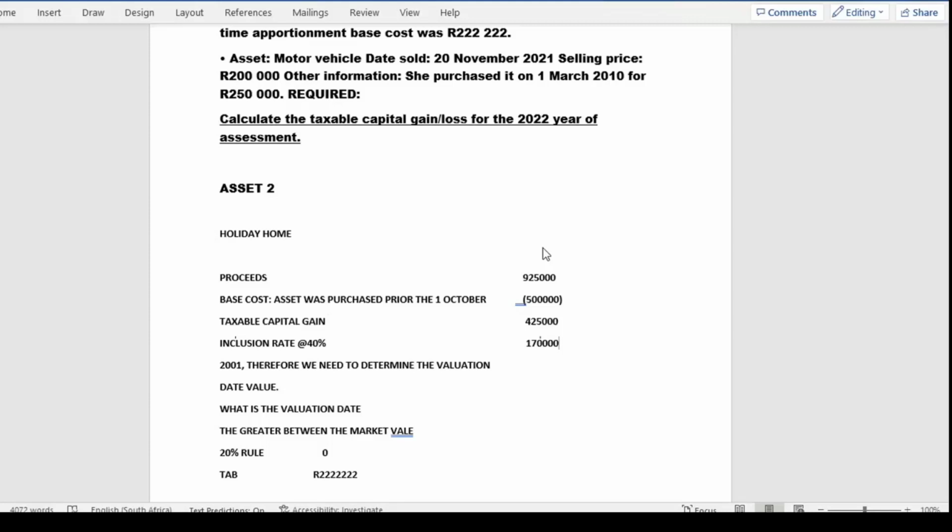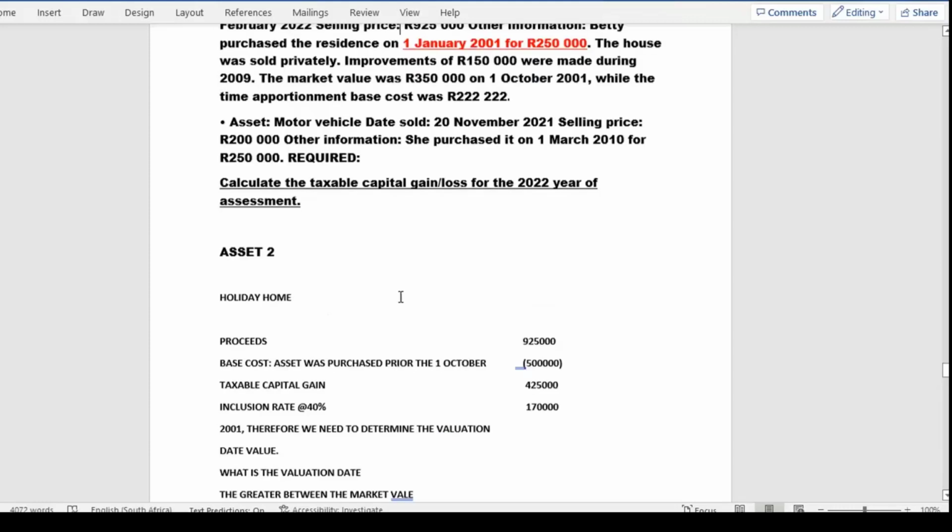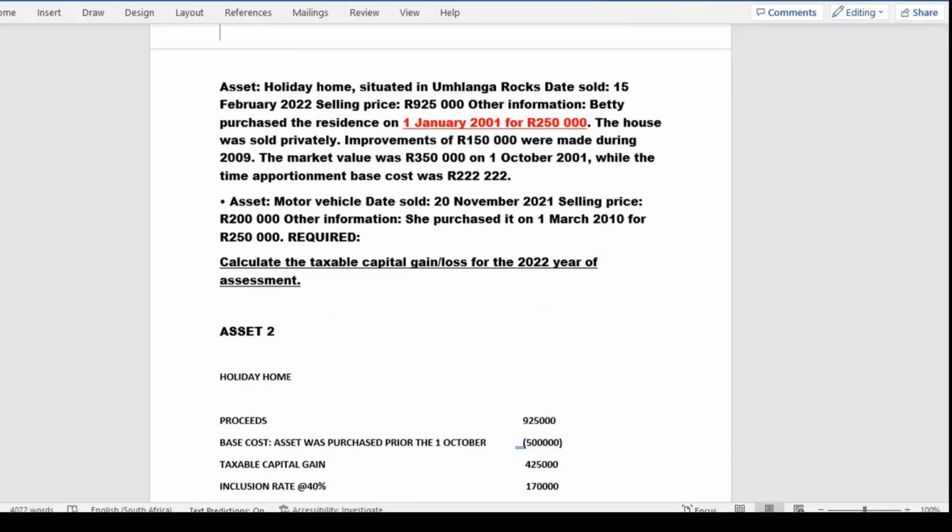So there will be your taxable capital gain. Can you guys see how this is treated?